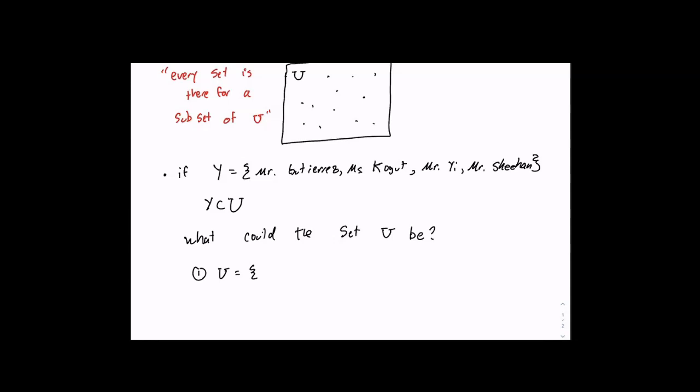What does she do? Math. She's a math teacher. Okay, Mr. Yi. Who is that? If you had to take a guess. Math teacher. And Mr. Xian? Another math teacher. So what could be the universal set?